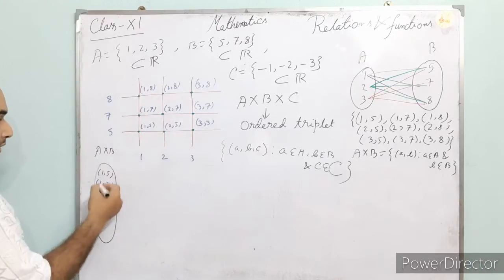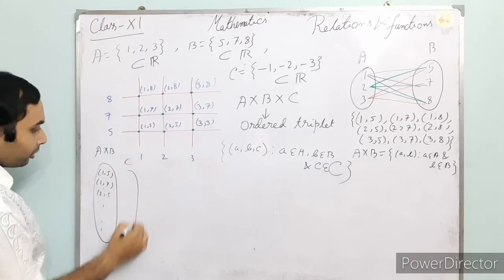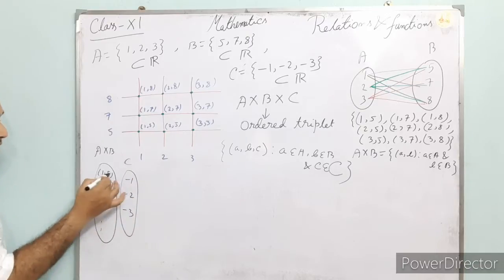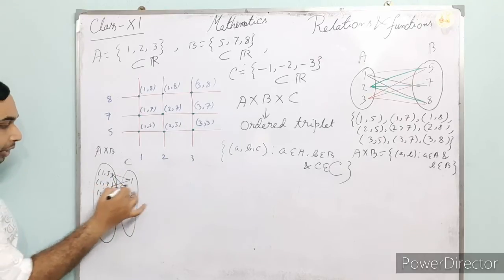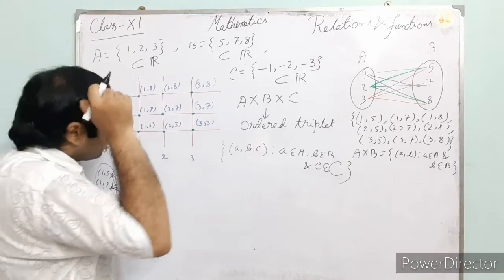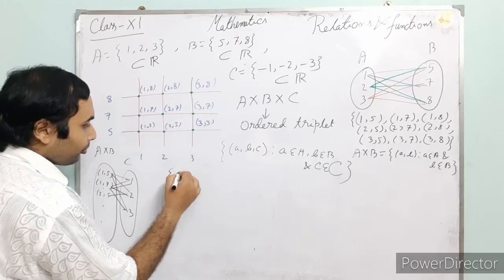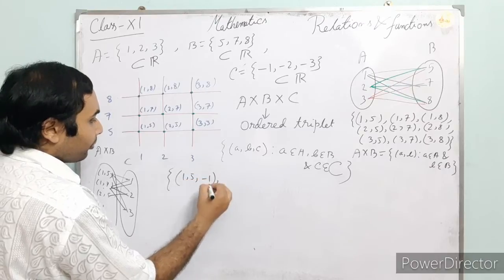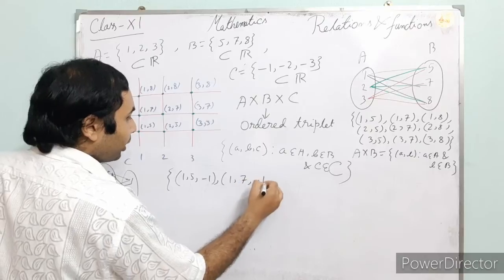Okay, let me just do for this one. See, the C here I have taken intentionally, minus 1, minus 2, minus 3. So same way all those elements will make the relation with each other. Okay, so what will be this one? Let me write. So first one, (1, 5, minus 1). Second one, (1, 7, minus 1).